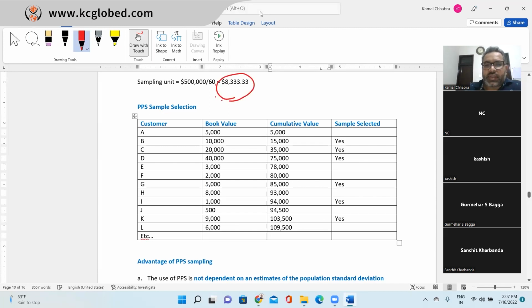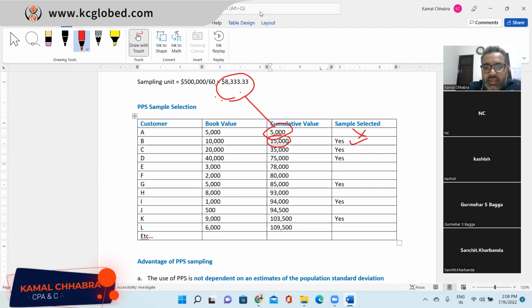So for example, this 833 is your unit. This 5,000 is below 833, hence this is not a sample, right? This 15,000 is above 833, hence this is a sample. Then 15,000 plus 833 is 23,000, and this 35,000 is above 23,000. That's the reason this is a sample. Same way for the 75,000: 35,000 plus 833 is 43,000, right?